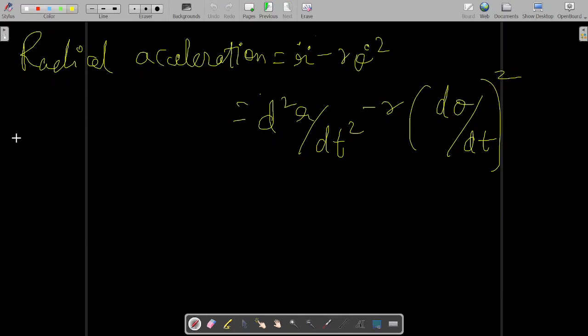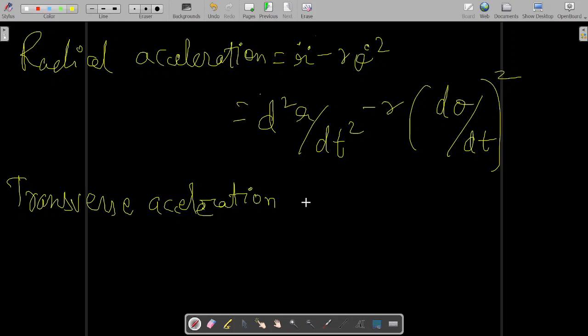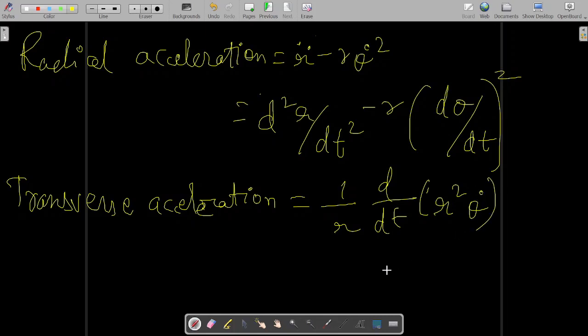And what is the transverse acceleration? The transverse acceleration is defined as 1 over r d by dt of r square theta dot, which is equal to 2 r dot theta dot plus r theta double dot.